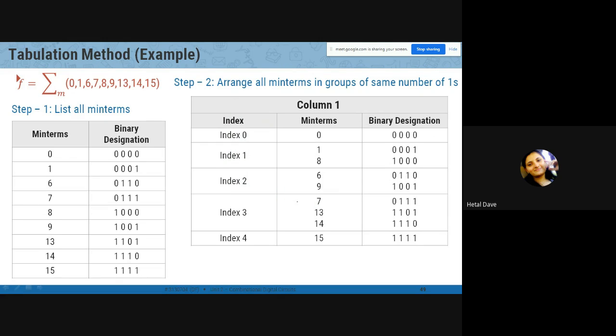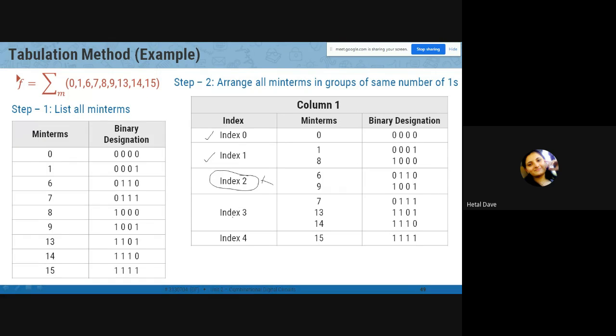We will compare. So please look here. Comparison rule. Index 0 will always be compared with index 1. Please remember, index 0 will always be compared with index 1. Index 0 should not be compared with index 2.